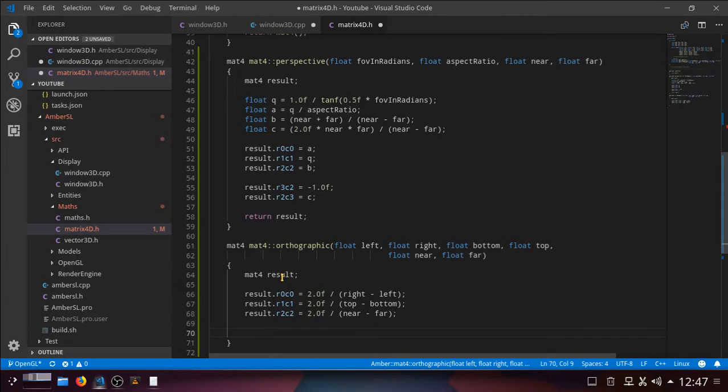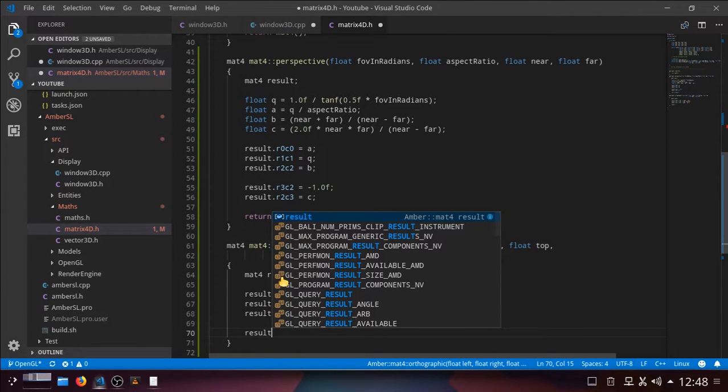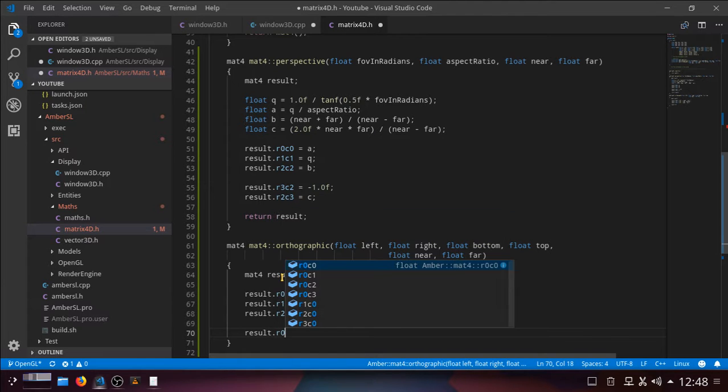Result R0C3. We have to do column 3 now, don't we? So it's going to be result dot R0, and this is column 3. And that's going to equal the silly bits.